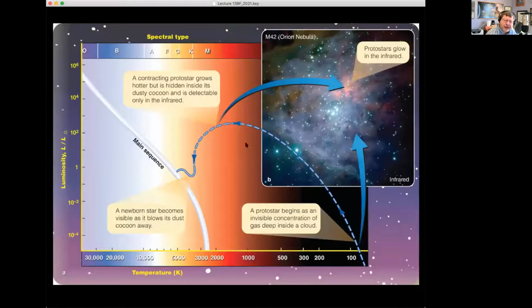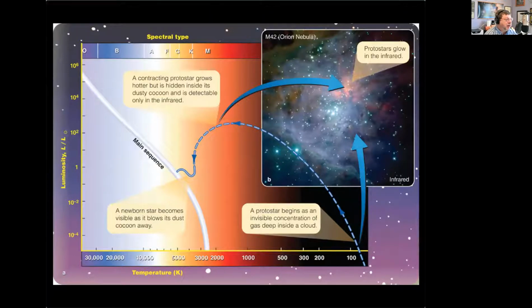So here is mapping the collapse of the protostar into a star on the HR diagram. So over here are low temperatures, here's luminosity, and as the gas cloud collapses, the temperature goes up and up, and it has very high luminosity. It has high luminosity not because it's hot, but because it's very, very large. And if you remember, the luminosity goes as the radius squared times the temperature to the 4th power.